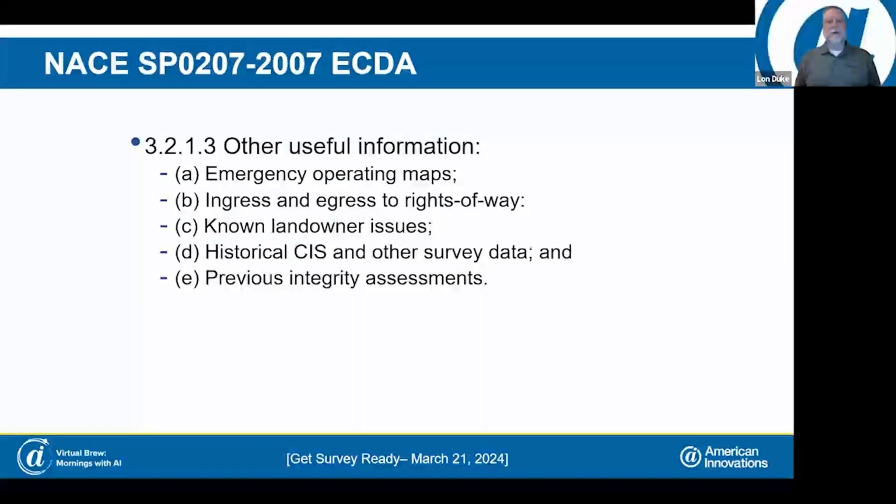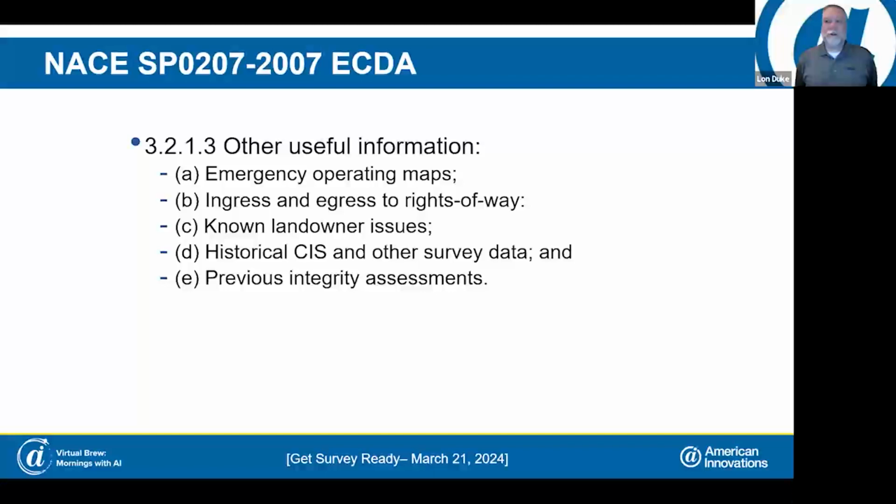And then some other miscellaneous things: emergency operating maps, ingress, egress of right-of-ways, landowner issues. Well, there's one to make sure you're on top of. It's nice to get to know the landowners on these, so you're not facing the wrong end of a little dangerous stick, which has happened.